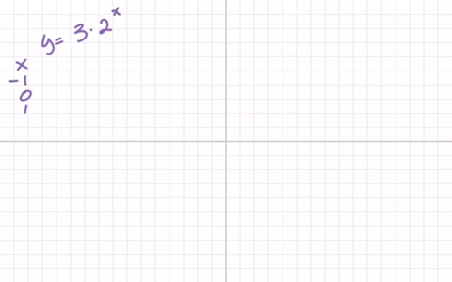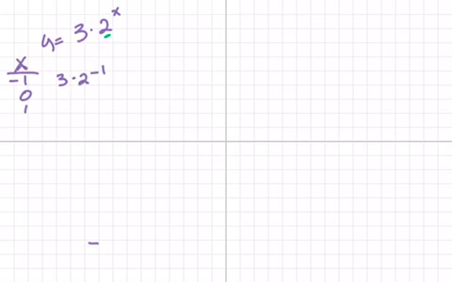Let's say we have this equation, y equals 3 times 2 to the x power. We know it's going to grow fast. It's positive, and this number is greater than 1, so it's going to go up like this. All you do is make a table of x, y values. When x equals -1, I'm going to go 3 times 2 to the -1.